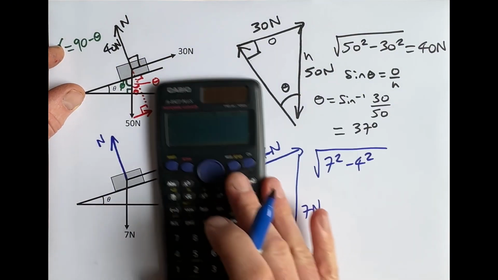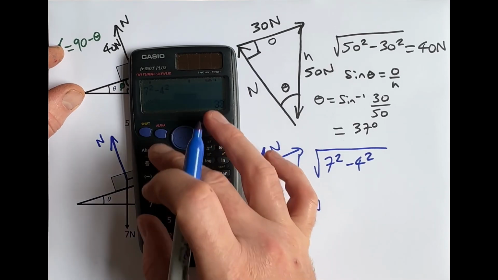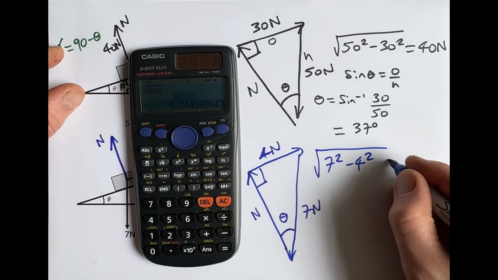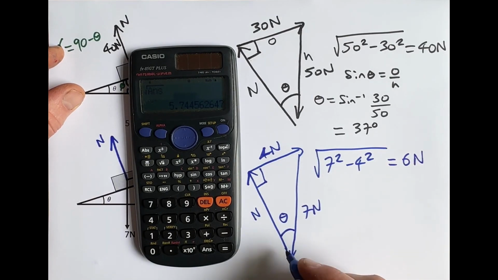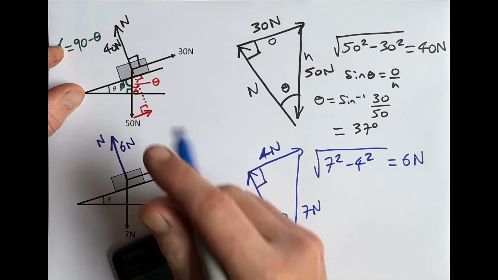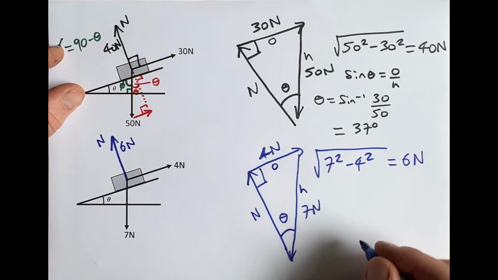So if we put that into the calculator, 7 squared minus 4 squared, and then we can root that. That's going to give us 5.7, so we just round that to 6 newtons because we only know these to one significant figure. So that's going to be 6 newtons. And then the angle theta, remember this is the opposite, this is the hypotenuse.